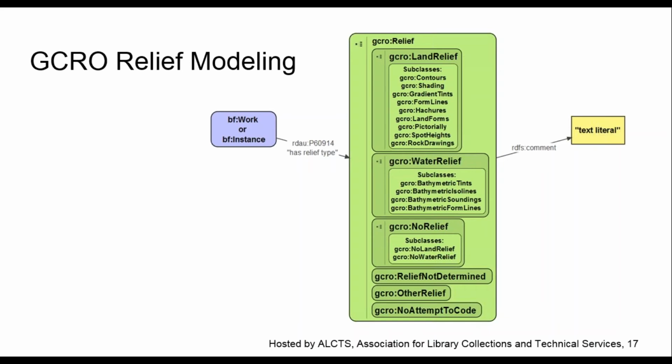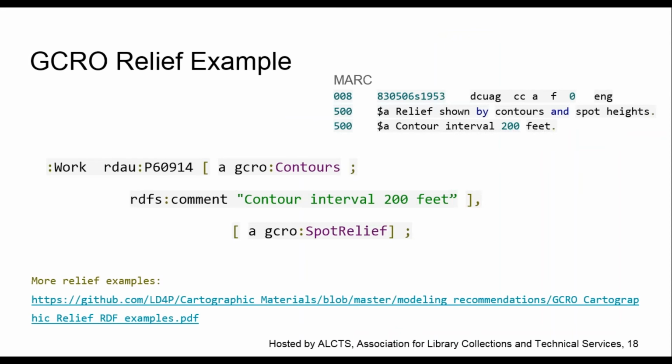As well, it turns some more strings into things. In addition, we have a way to add a note about any specific relief object through the RDFS comment property here. And if we want to look at this in an RDF example, the GCRO relief example, there are 2 relief objects, one for contours, one for spot relief, and the contour interval note is now associated with the relief type that it applies to.